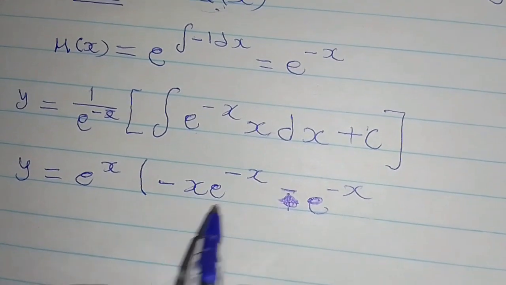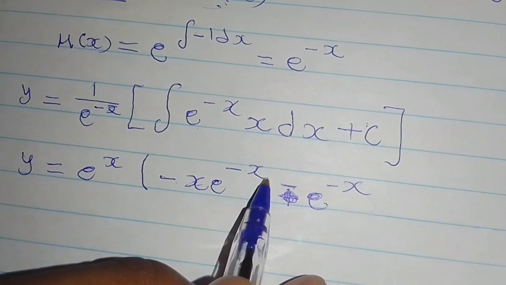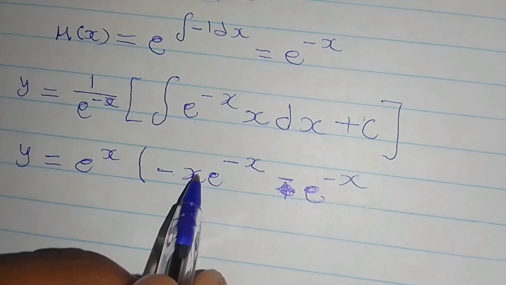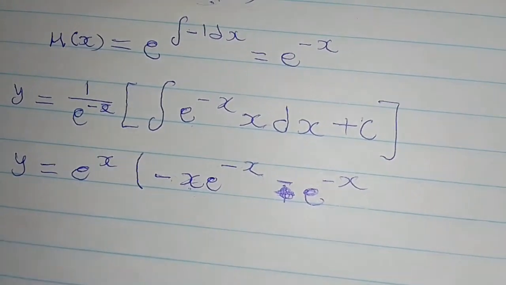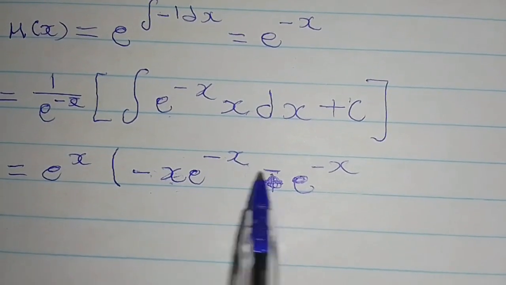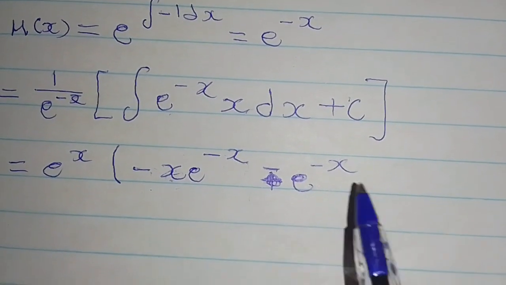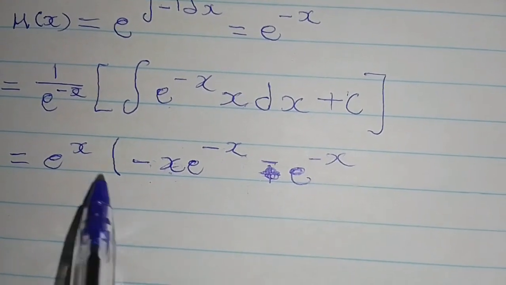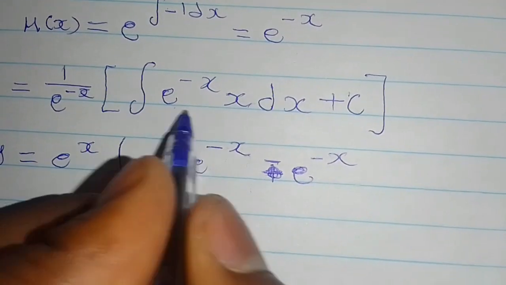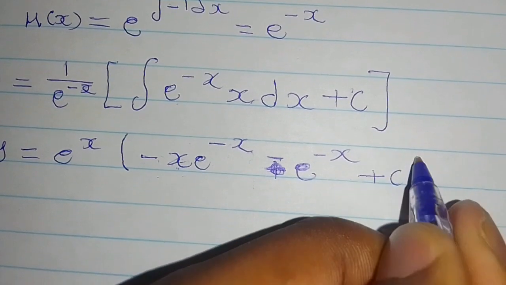Let's check the derivative of this one. You have minus e to the minus x, and then you have plus x e to the power of minus x plus e to the power of minus x, and then the two will just cancel out, and then you'll be left with this one. Then you have something like this.